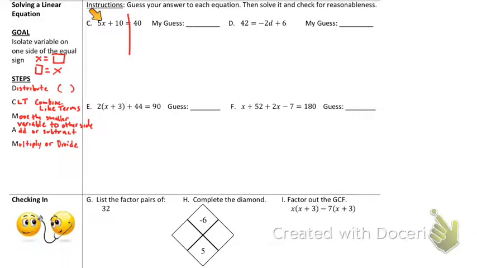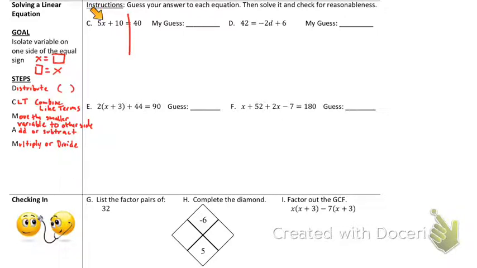So if you notice, there's actually only one variable here, so there's no variable to move to the other side. We don't have to do that. If there was a variable on this side, then that's when we would start deciding which variable goes where. But in this case, example C, there's no variable to move because there's only one variable, x. All right?